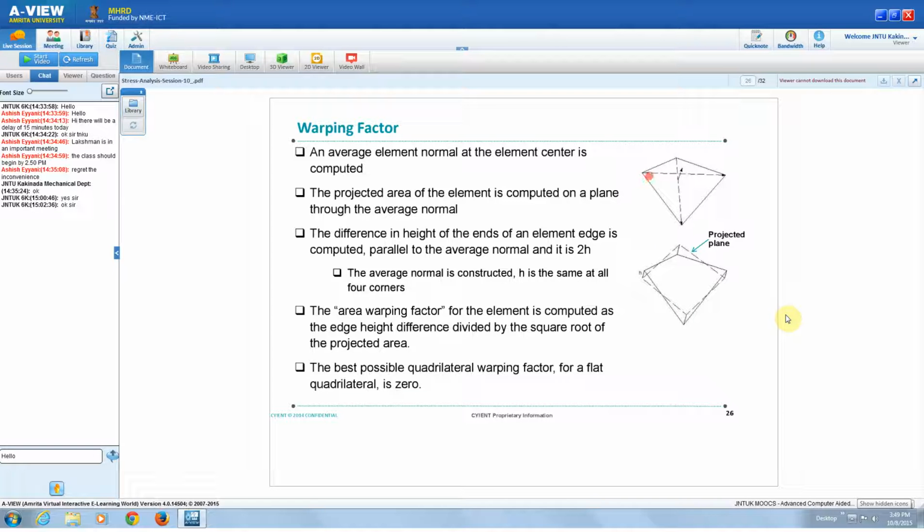This complete element may not be normal to the vector, but there will be one plane which is normal to this vector.